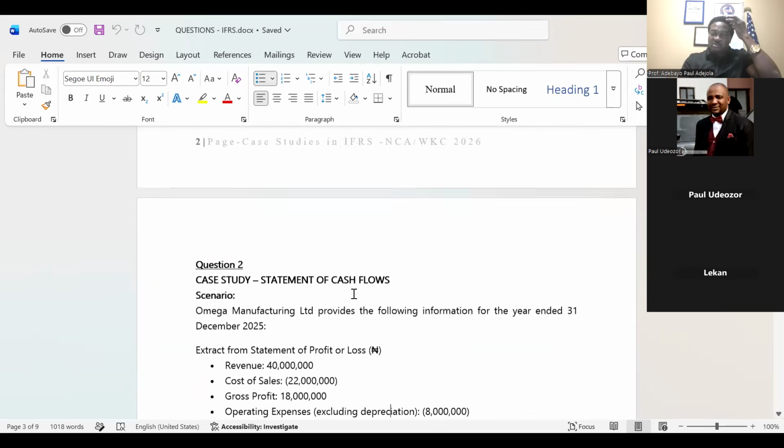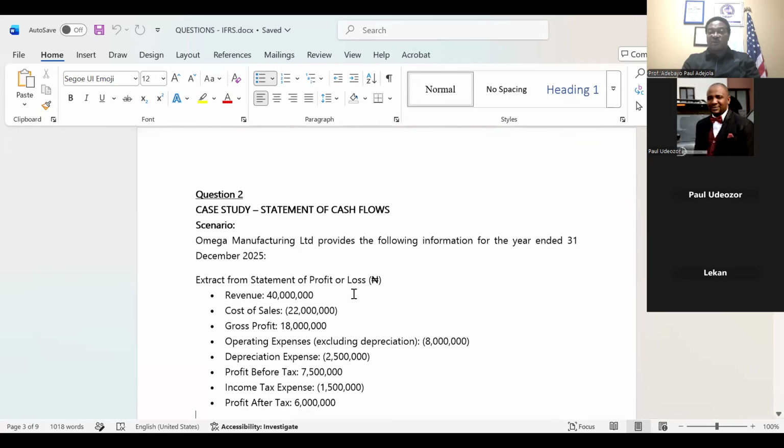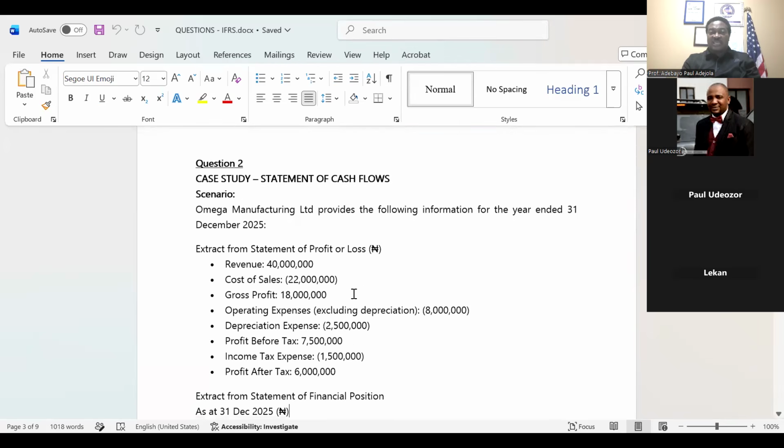Let's take question 2 also, once and for all. Question 2 is on statement of cash flows. Omega Manufacturing Limited provides the following information for the year ended 31 December 2025.